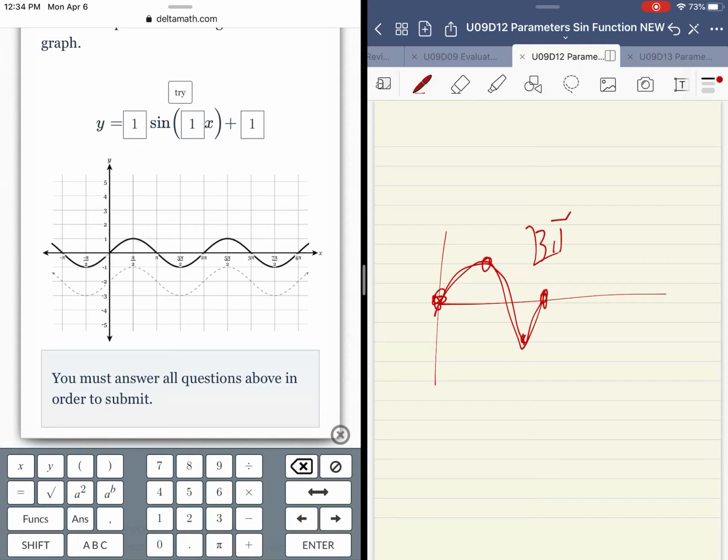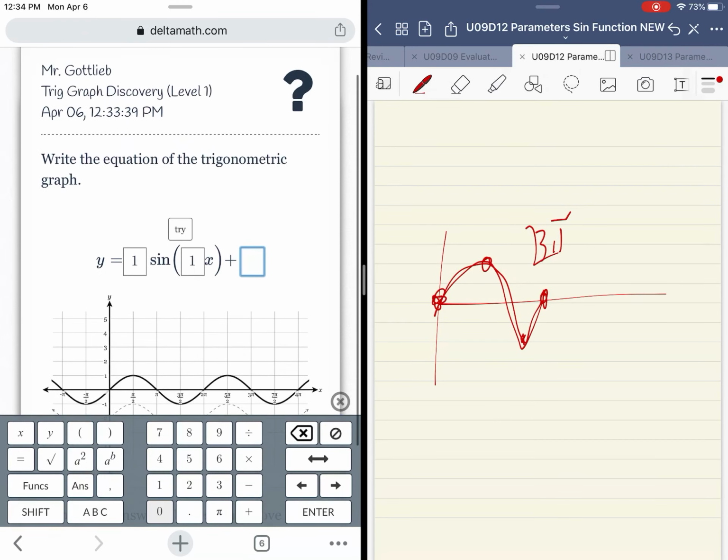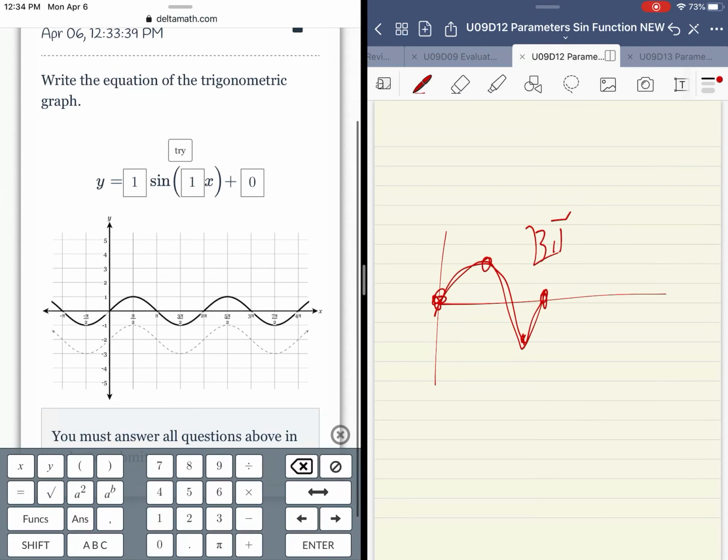If I press the try button after filling this in, nothing should happen to the graph. I press try, nothing happens. In the next case, the amplitude does not appear to change as I move from one graph to the other. It appears the midline changes, and it goes down 2 units. So I'm going to change the d value to -2. The graph will shift down 2 units. It will say we are correct.